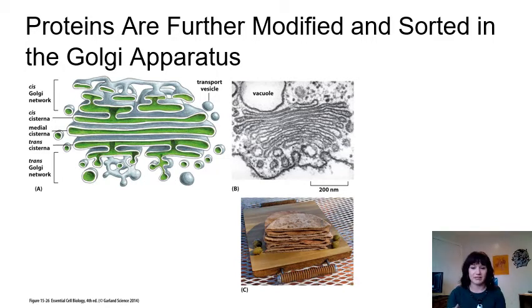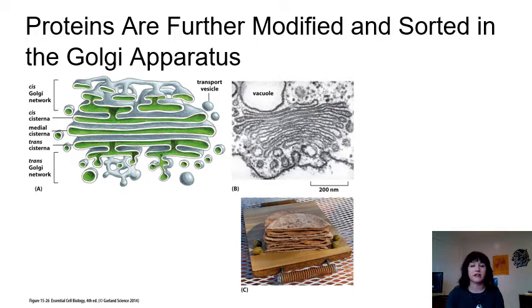That's the next place. The next thing to note about the Golgi is that it has two sides. The proteins that leave the endoplasmic reticulum always enter into the Golgi on the side called the cis side, the cis Golgi network. And then they always exit out the side called the trans side of the Golgi network.